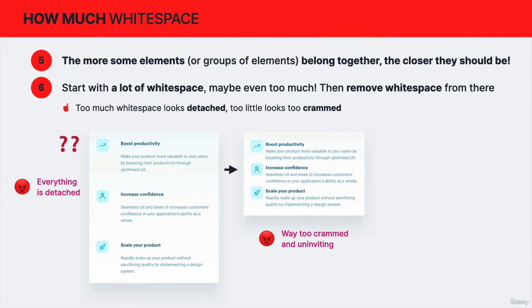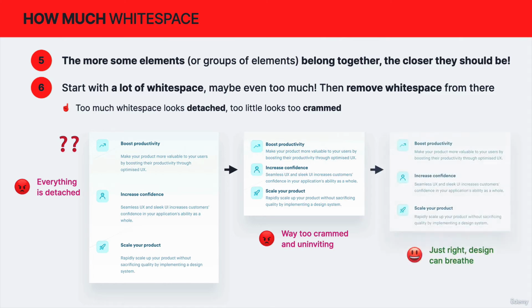So it looks like just a wall of text, which many times users do not like to read. But then after experimenting around a little bit and adding back some of the white space, we may end up with a result like this, which looks just right. So here we can feel that the design can breathe and everything is not too detached, but also not too cramped. So like this, it's perfect.